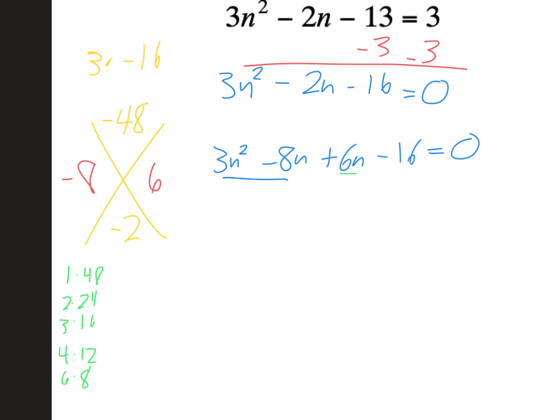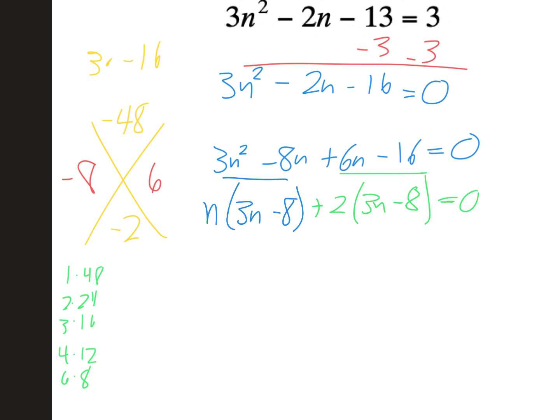So I have my blue group, I got my green group. Out of the blue group, I can factor out an n, and I have 3n minus 8. And then out of the green group, looks like I can factor out a 2, and I'm left with 3n minus, oh my goodness, 8. And this still equals 0.